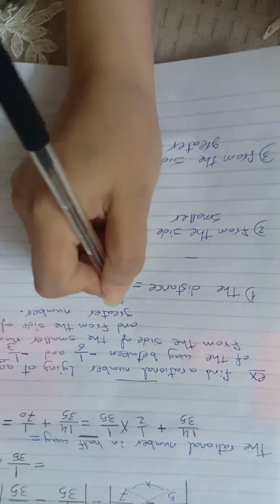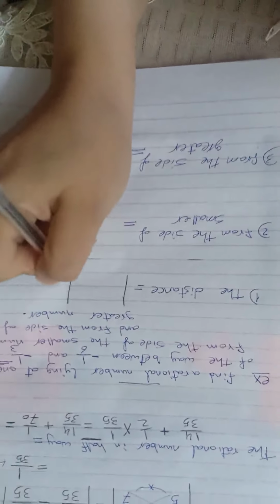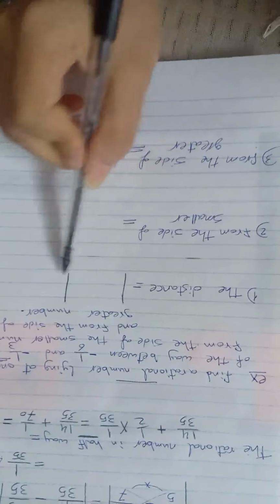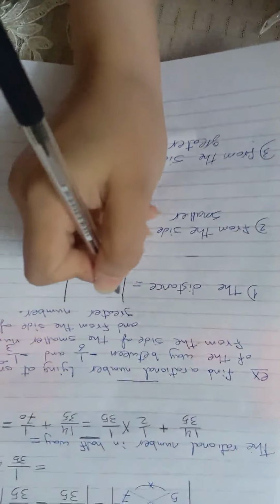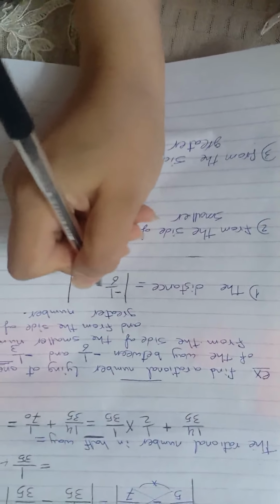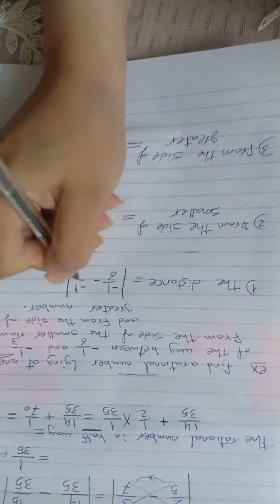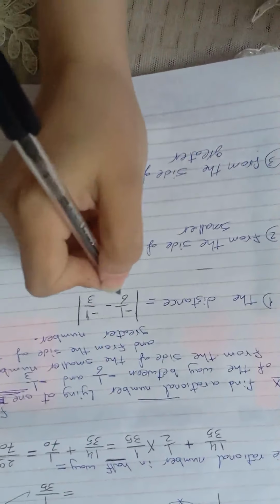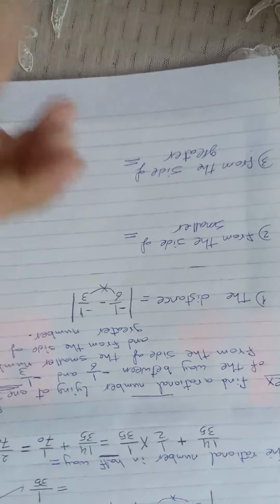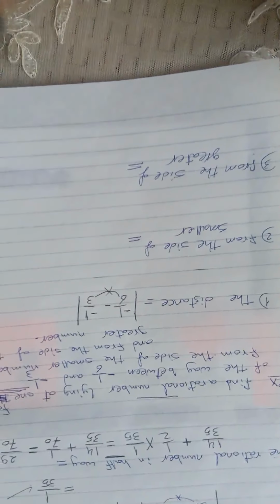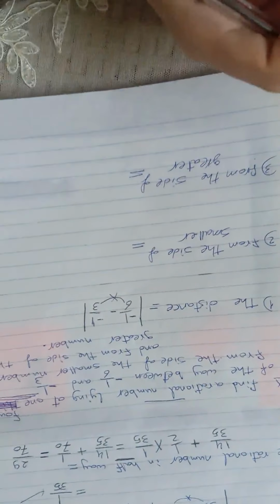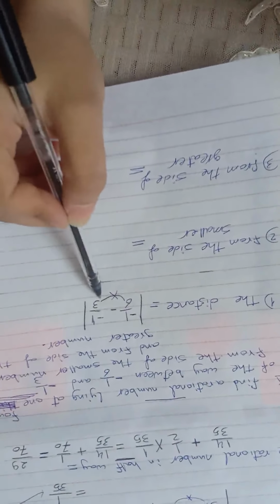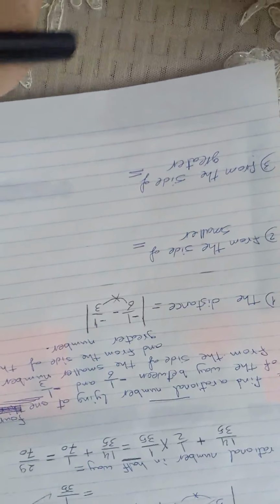To find the distance, make the difference between them within absolute value. -1 over 6 minus -1 over 3. Now find the difference between them by common denominator to know which of them is the greater or smaller.